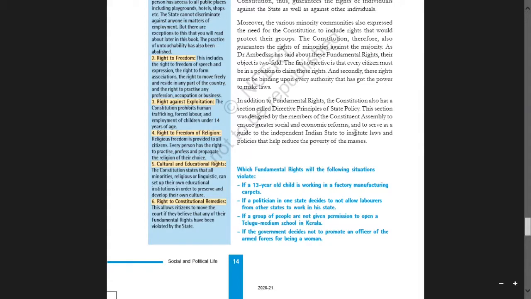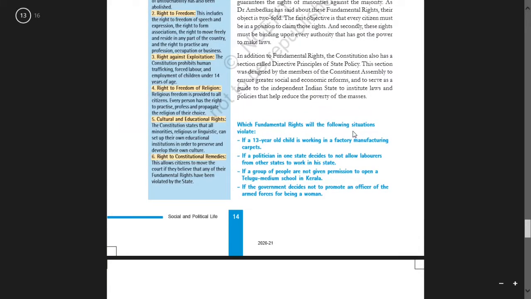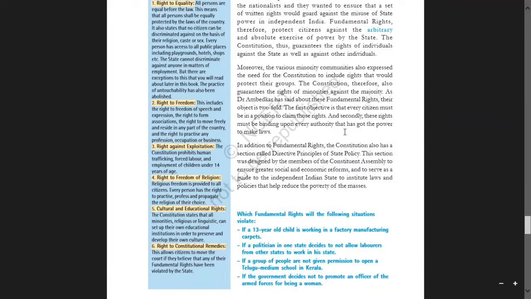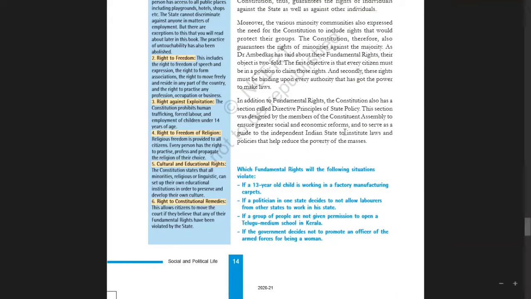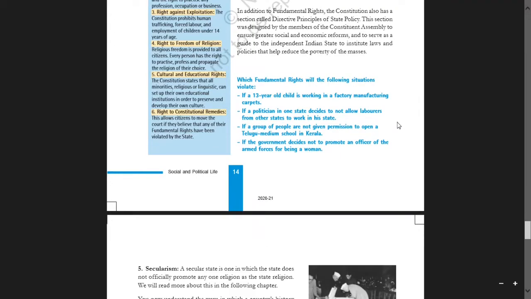Here, ensure means make certain that something will occur. Reforms means make change in something in order to improve it.